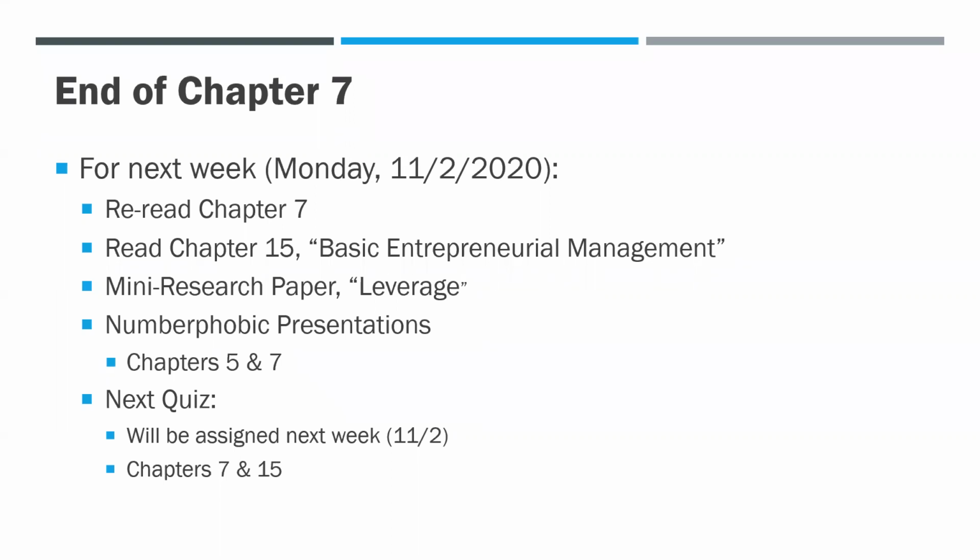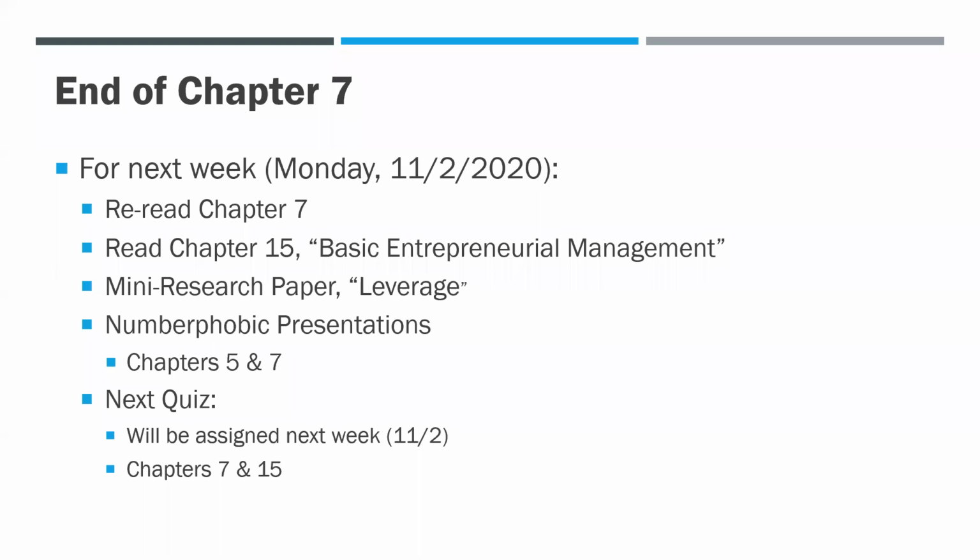What we'll assign next week will be the next quiz. I did have one on the syllabus for this week, but I decided instead that I would combine chapters 7 and 15 into a quiz that'll be 10 questions, just like usual.